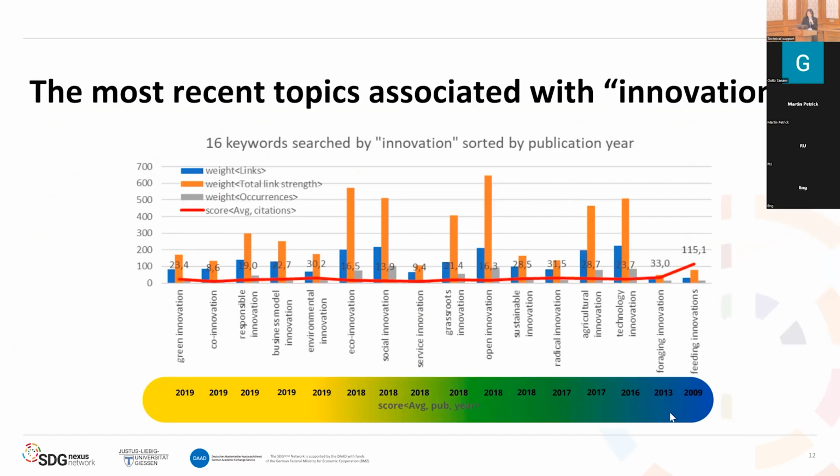In the next step, keywords that explicitly include the term innovation were searched, and 16 keywords were sorted by the average score of the publication.